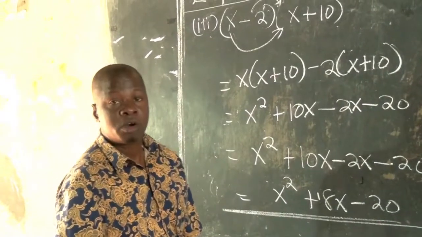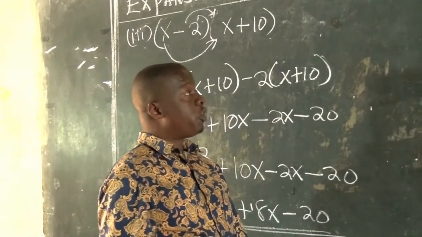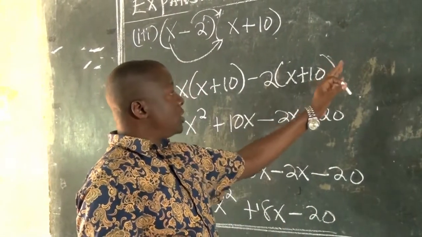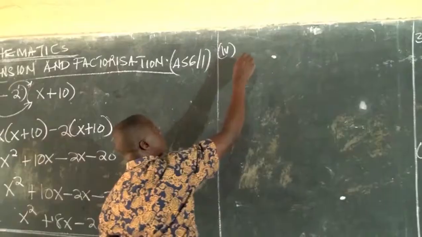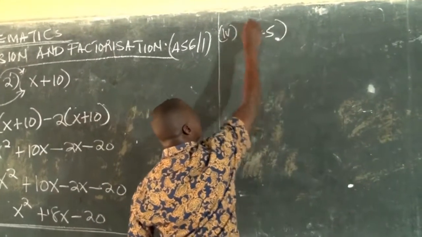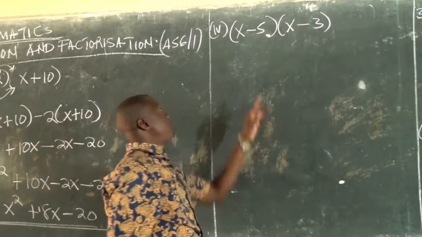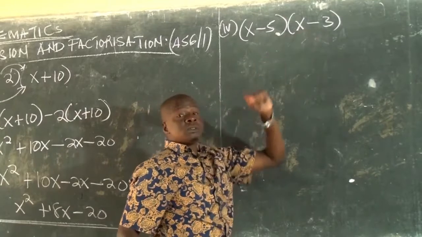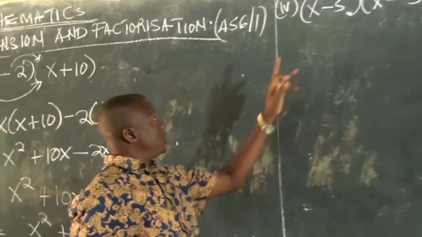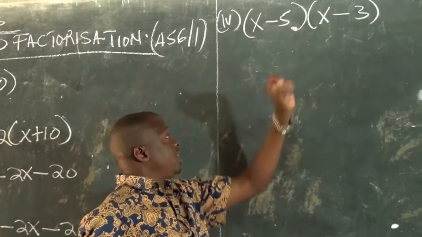Yes, I want to give more examples of that form because it looks to be a challenge to most of the students. We have x minus 5, then x minus 3. We have minus and minus. Try to play with those two negatives, negative 5 and negative 3.